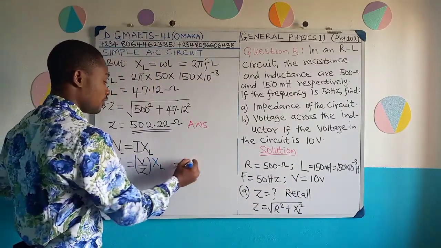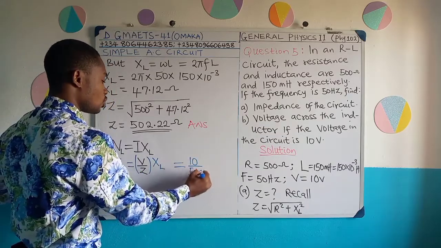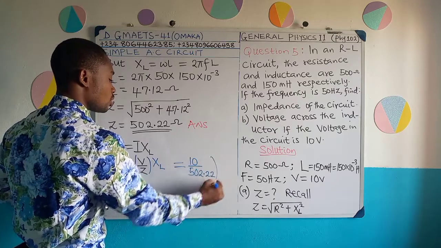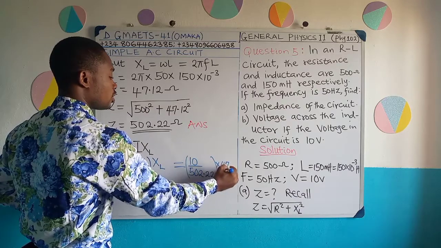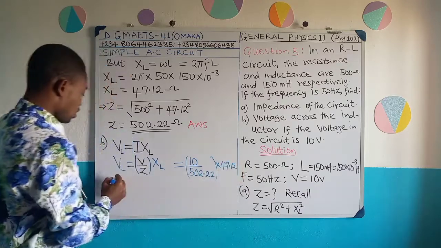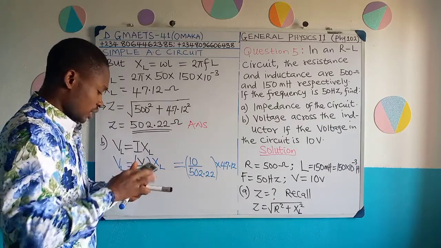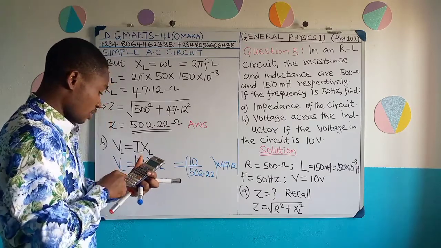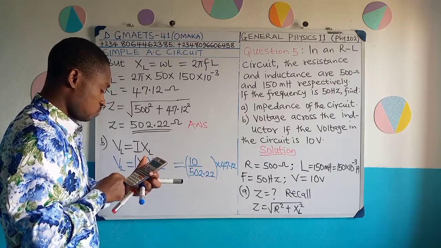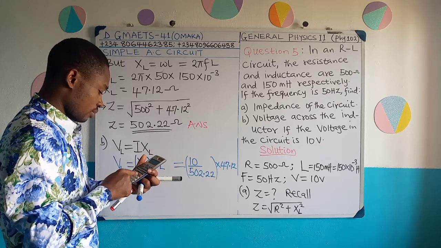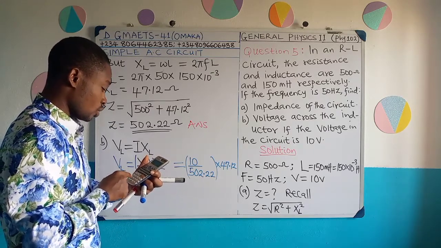Now, if I substitute for this voltage, it's going to be 10 divided by the impedance, which is 502.22. So I'm going to multiply this by XL, and XL is 47.12. So for the voltage across the inductor, reach out for the calculator and see what it gives to me. 10 divided by 502.22, multiplied by 47.12.